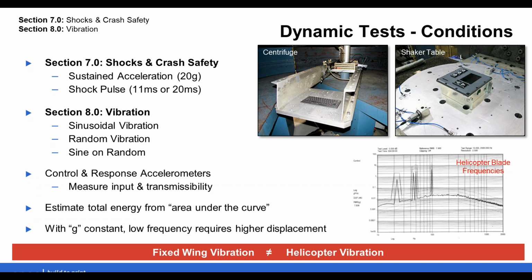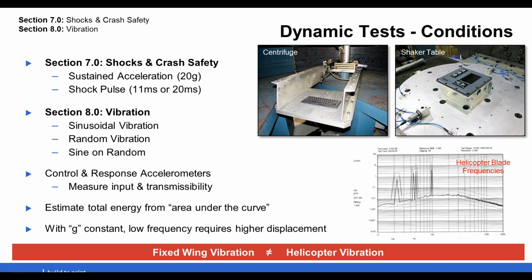The lower right-hand portion of the screen, where my cursor is, shows a random vibration floor profile with 4 discrete sine tones that simulate the different blade pass frequencies. This is very important since you may be able to survive the floor random vibration input levels, but if your natural frequency coincides with one of those sine tones, you're going to have a lot of issues passing that test.